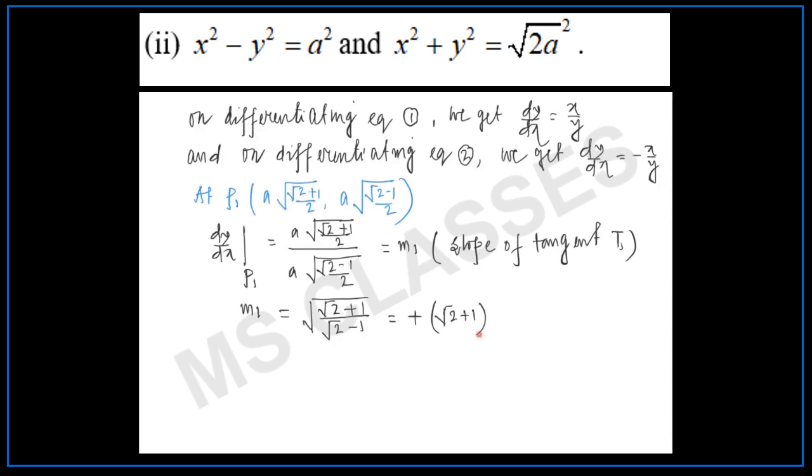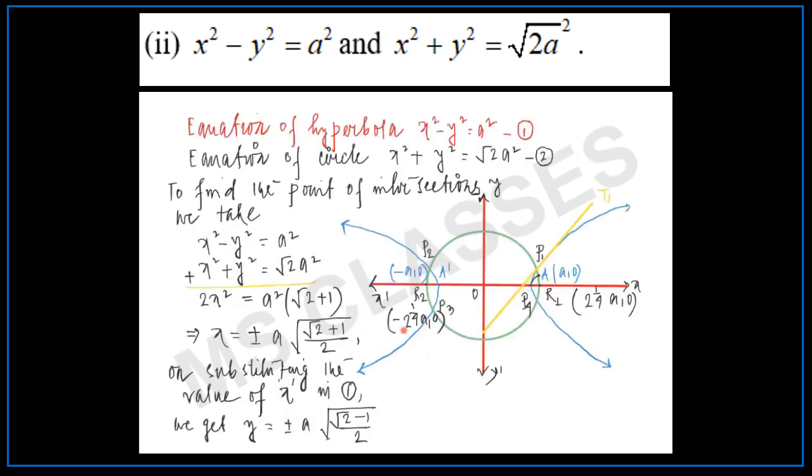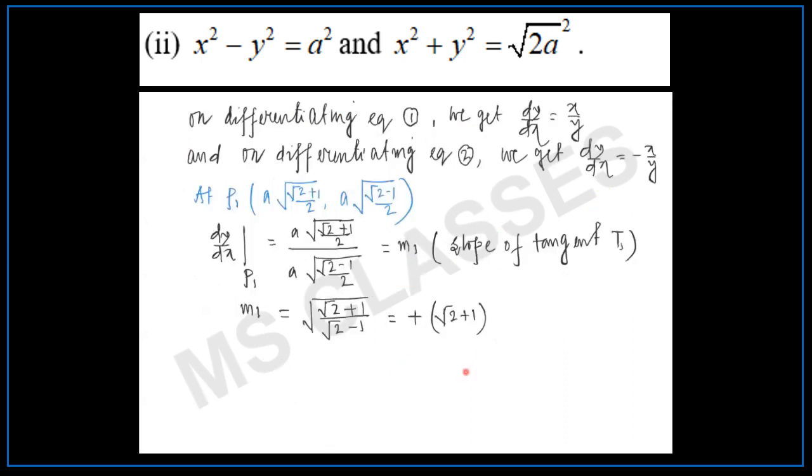Now as we have got the slope for this hyperbola, similarly you can find a slope for circle also, when the tangent is drawn at the point P1 to the circle. This is the slope of the tangent drawn to the hyperbola at the point P1, which we have found out.